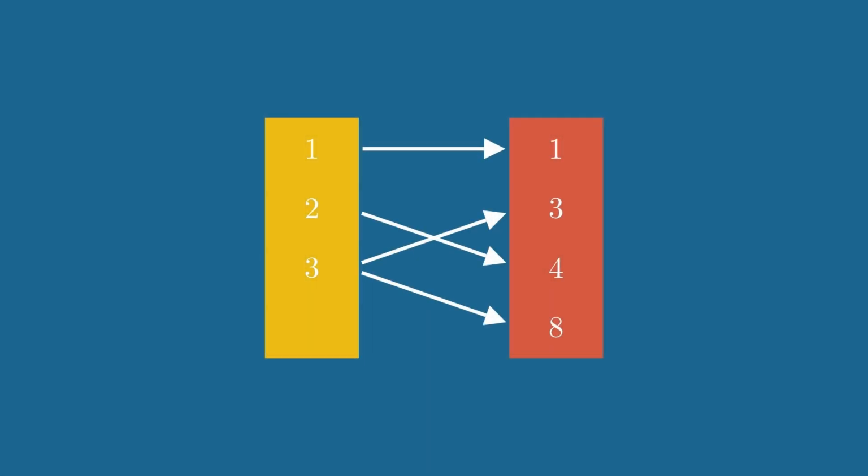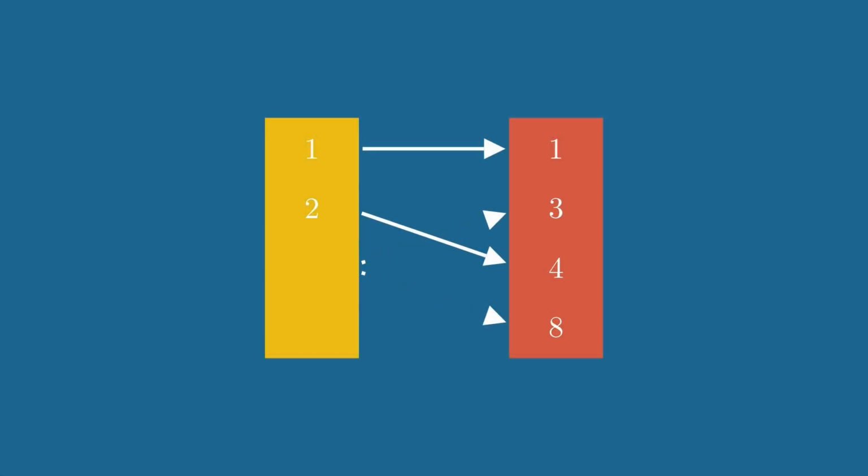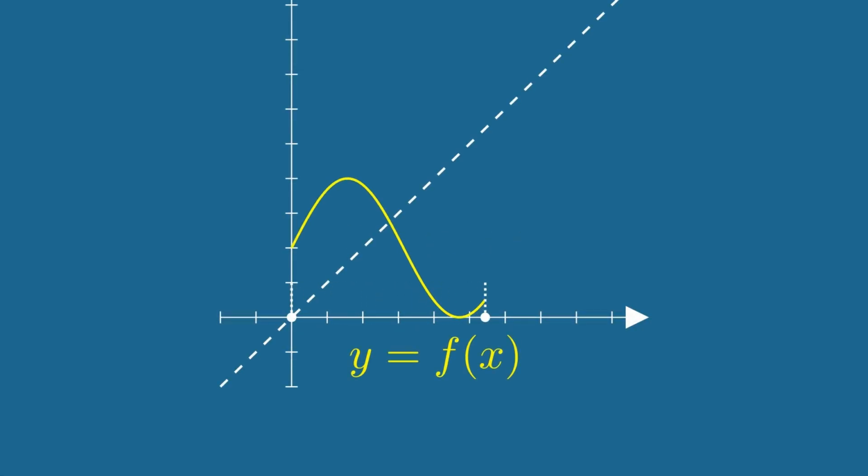Let's look at this non-one-to-one function. If we restrict the domain, it now becomes one-to-one. We can do the same for graphs.